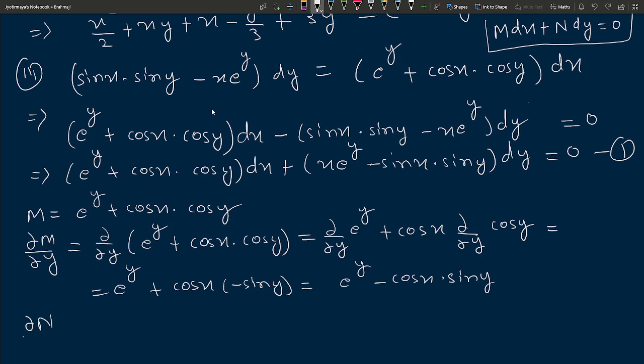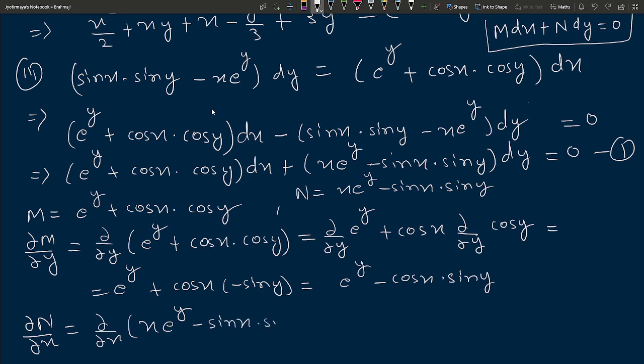Now I will find del N by del x. This is del by del x of N, that is multiplied in dy. So x into e to the power y minus sin x into sin y, this is your N. Now partial derivative with respect to x.